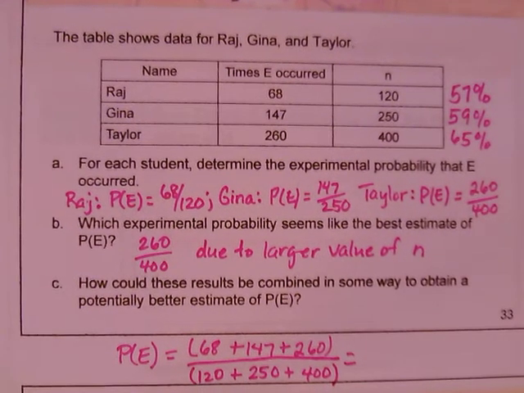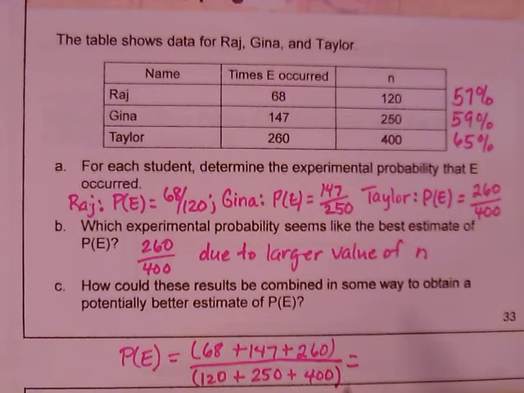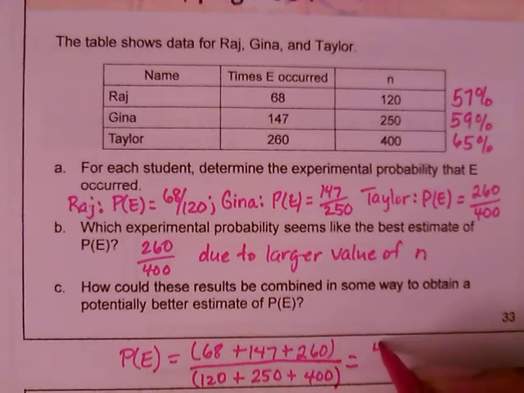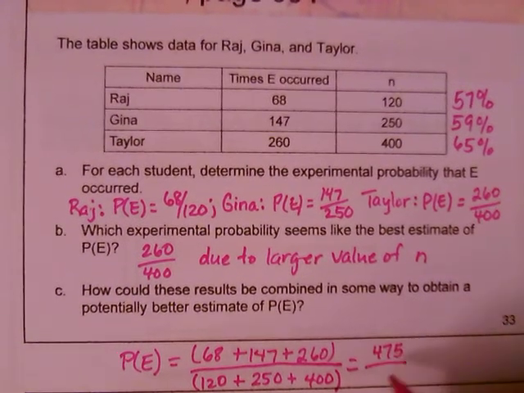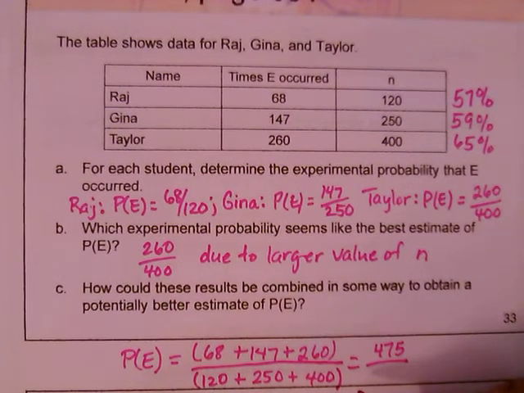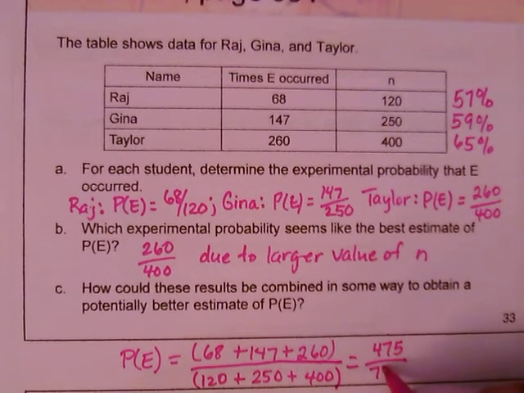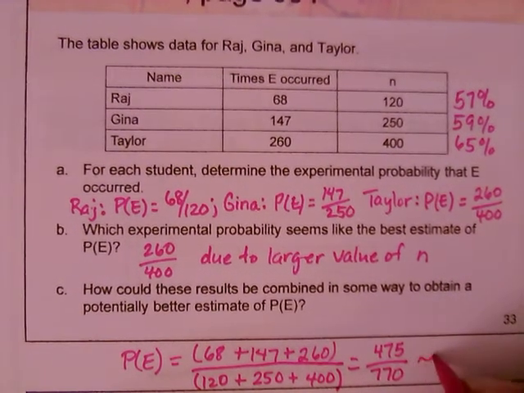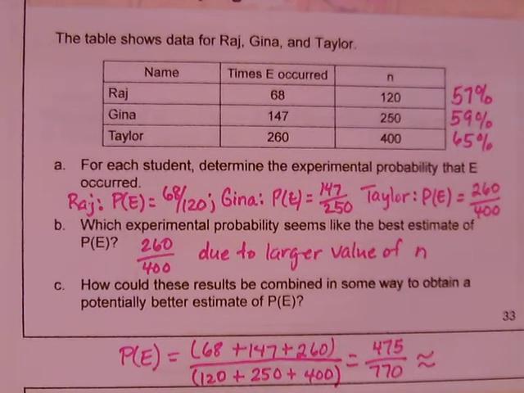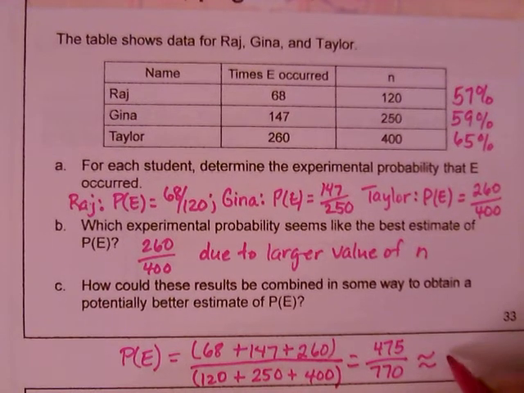So if I add this numerator, that's going to end up being 475 divided by n. The 120, 250, and 400 added together will be 770. And if I do 475 divided by 770, multiply that by 100, round that off to the nearest whole number percent, it'll be approximately 62%.